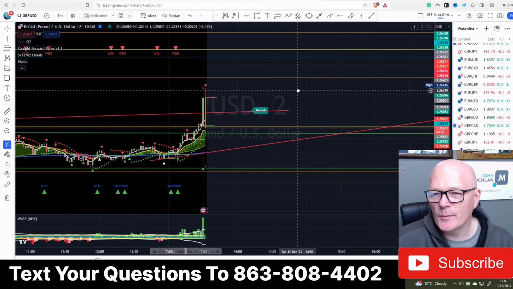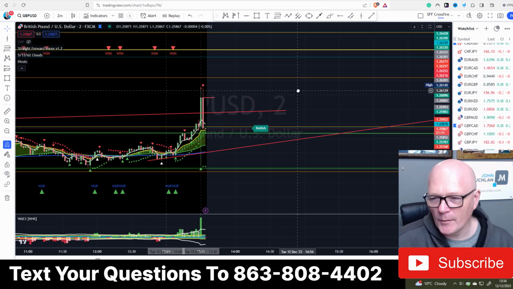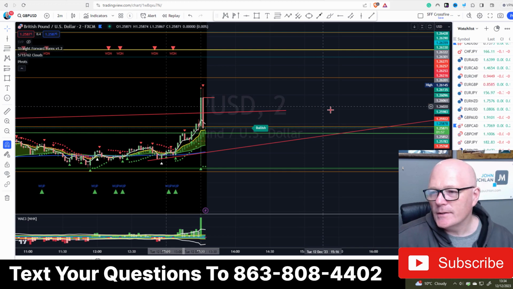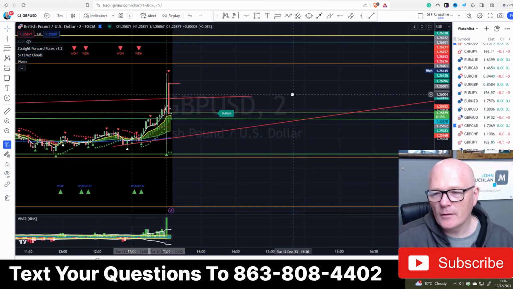You see how fast this is moving. This is the pound US dollar. It's still under manipulation because it's moving so quick.